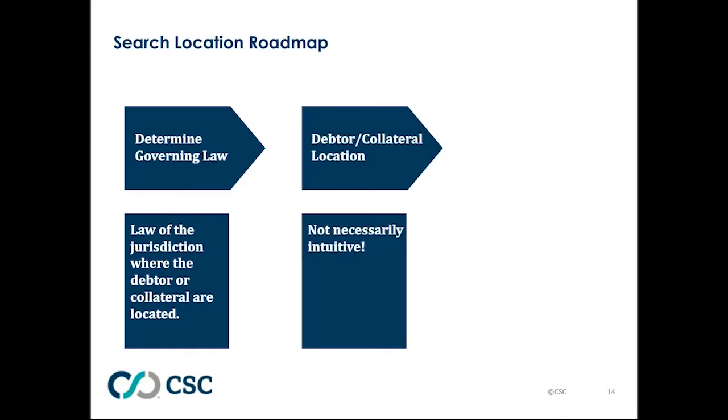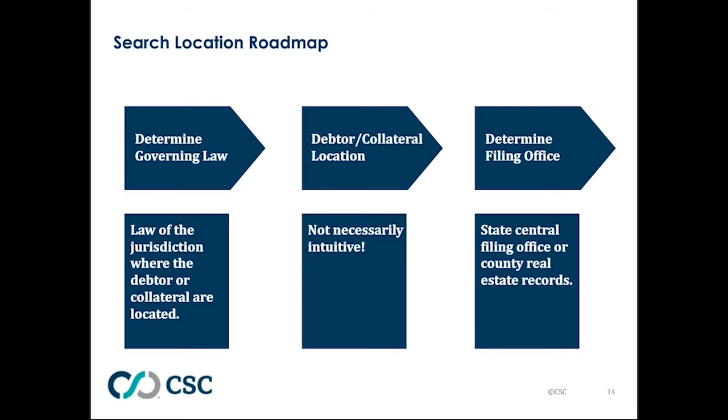Once the location of the debtor or collateral is determined, as the case may be, then it's necessary to determine what the filing office is within that particular jurisdiction. Now, determining the location of a debtor or the collateral isn't always an intuitive matter, so it's important to know how to go about this properly.